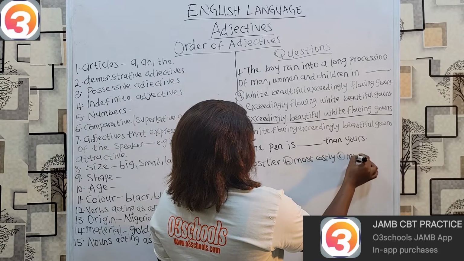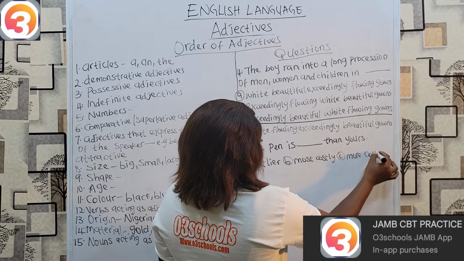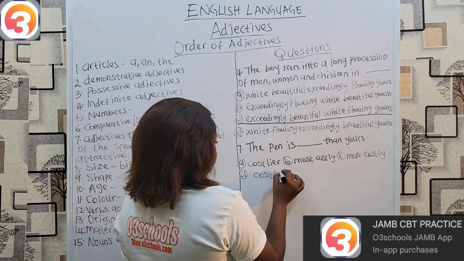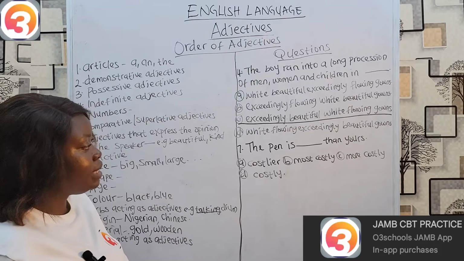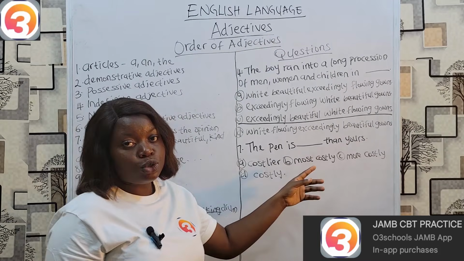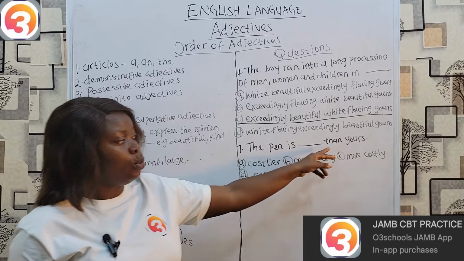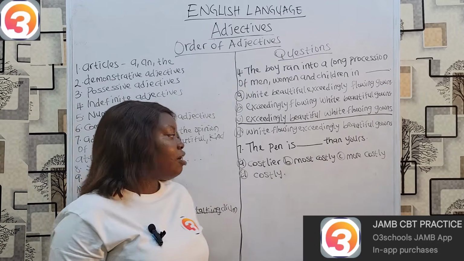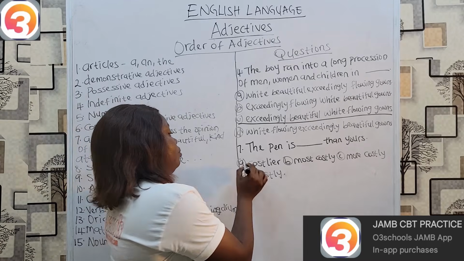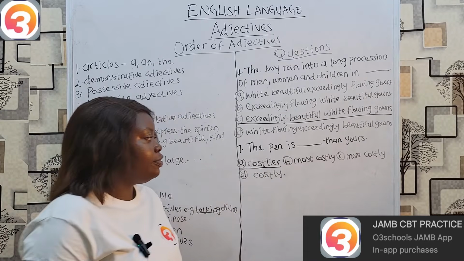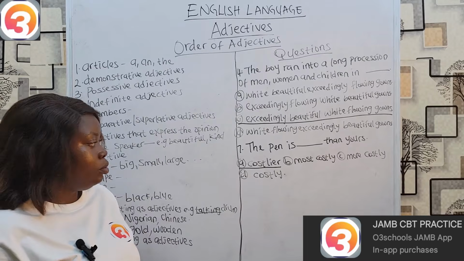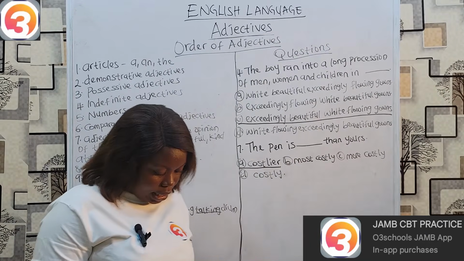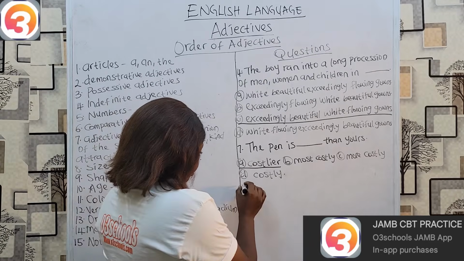C, more costly. And D, costly. We already know that we use the comparative form of the adjective with than. So here, is it costlier or more costly? We have costlier. The comparative can be formed by adding er, although we throw away the y and it becomes ier, not more costly.